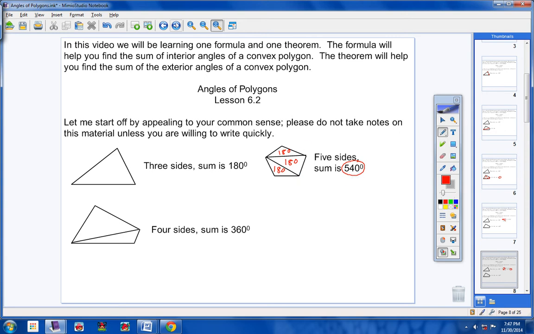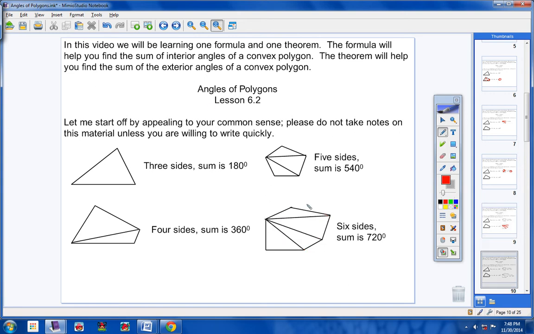Let's look at one more example. Don't take notes on this, just watch, okay? Now, if I start here and draw all of the possible diagonals, so here's 1, here's 1, here's 1, I would have 4 triangles. It would look like this. There it is.